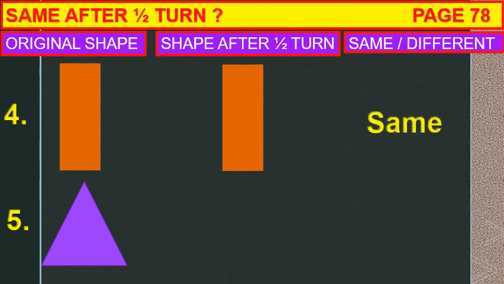This is a triangle, a three-sided figure. The pointed part of the triangle points upwards. After a half turn, the pointed part of this triangle will point downwards. See how both these shapes are different.